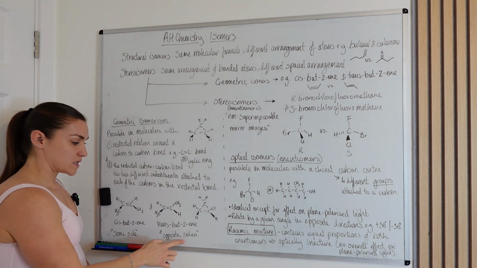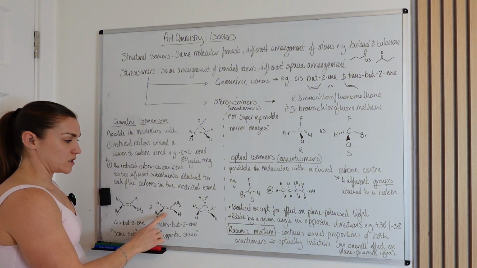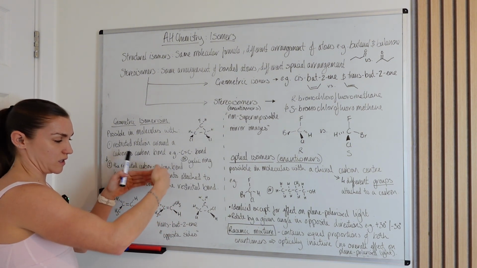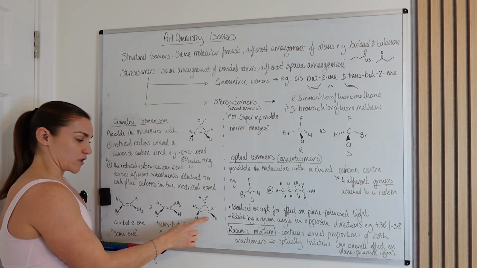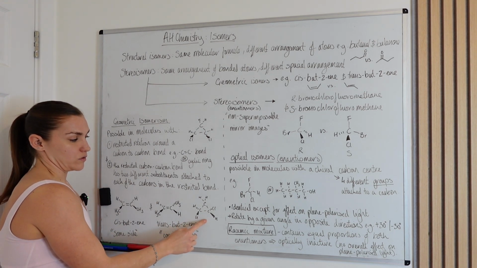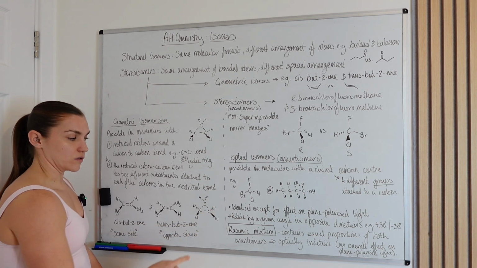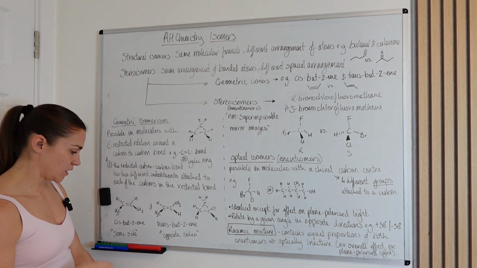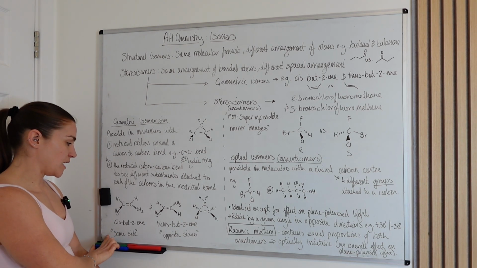Trans means opposite sides. So here you can see the methyl groups are pointing in different directions. One's on this side, the other's on the other side. And this would be our trans isomer for this molecule here, because the chlorines are on different sides of the molecule, or opposite sides. So try and remember cis, same.